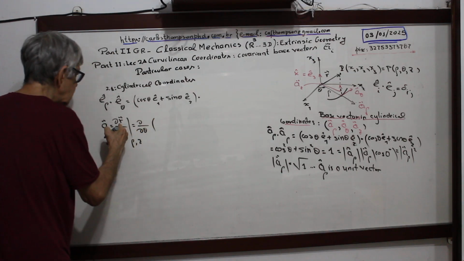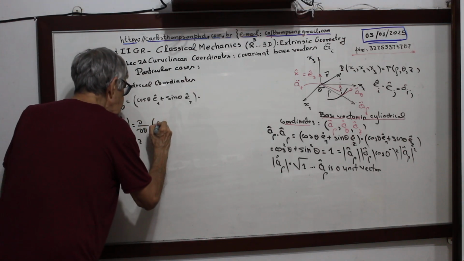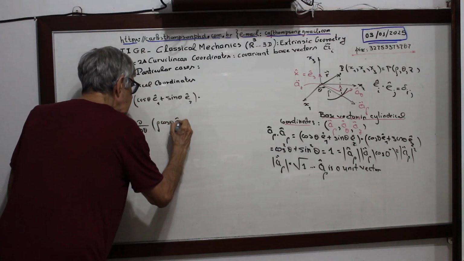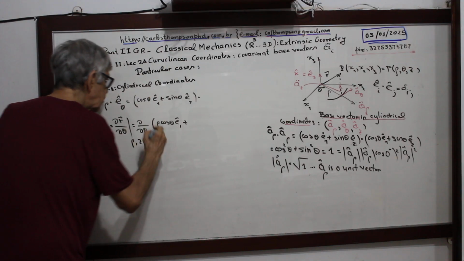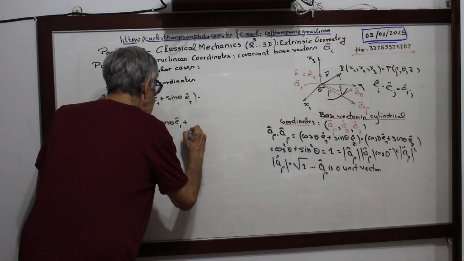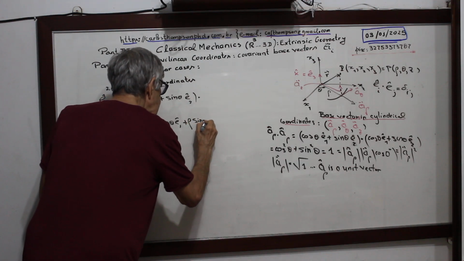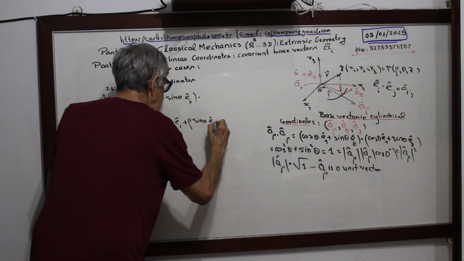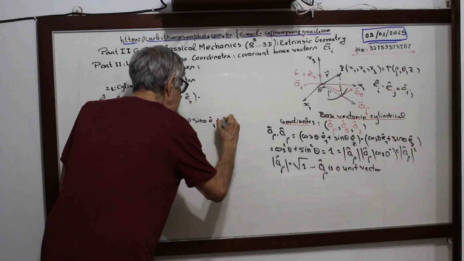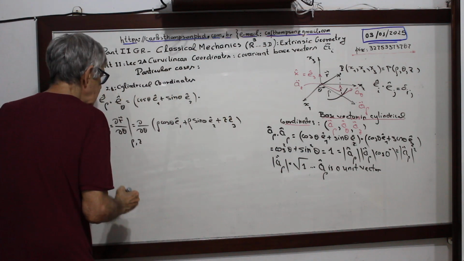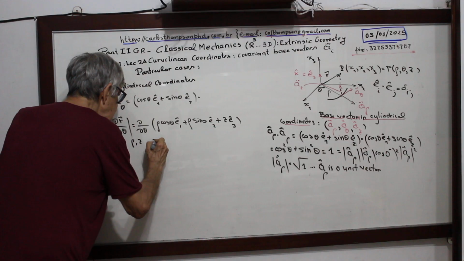Now I write down the vector R, which is rho cosine theta E1 plus rho sine theta E2 plus Z E3.